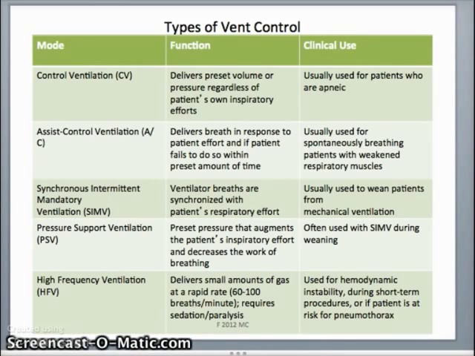So you can see that sometimes these patients will overbreathe the machine, and if the machine isn't set properly, the patient can breathe too much, okay? So sometimes we can have the patient have hyperventilation, okay?